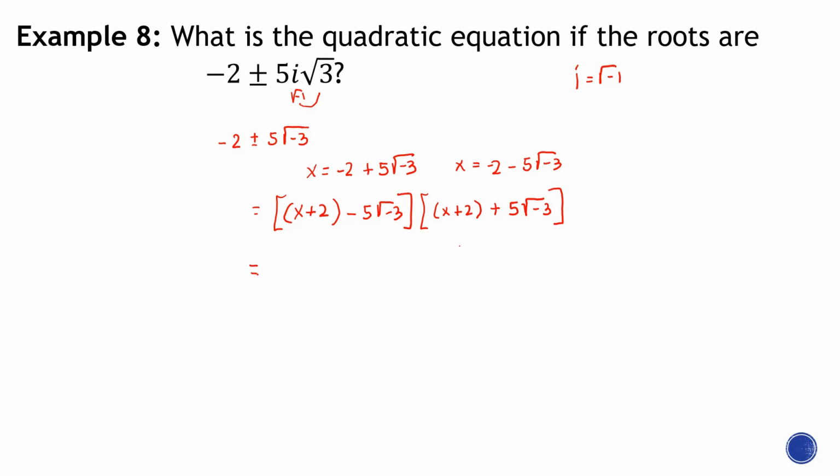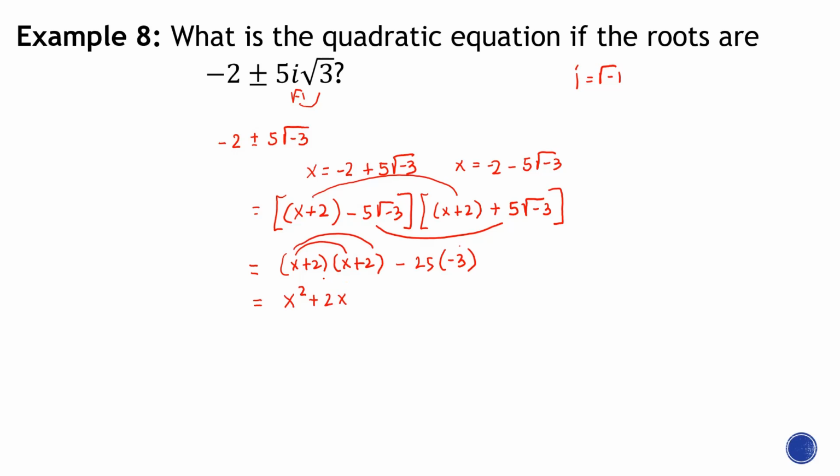Equals, again, multiply that. That gives us x plus 2 times x plus 2, and then minus this, that's 25 times negative 3. This is equal to x squared plus 2x plus 2x, that one is 4, plus 75.